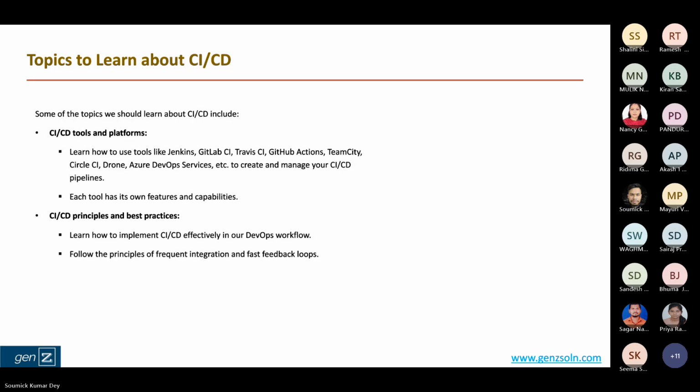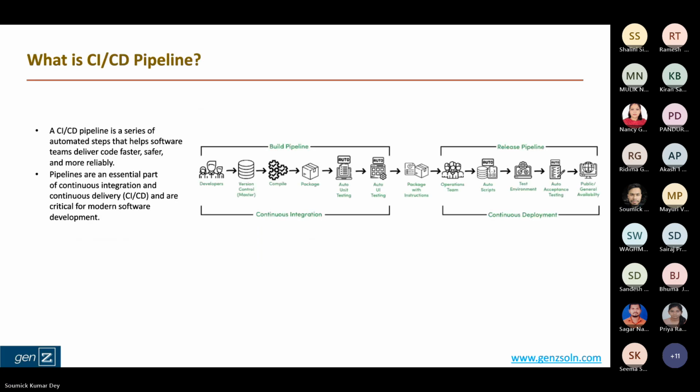Okay, so now we already talked about the CI/CD pipeline and everything. We mentioned this particular nomenclature several times, right? But what actually is this CI/CD pipeline? The CI/CD pipeline is a series of automated steps that helps software teams deliver the code faster, safer, and more reliably.